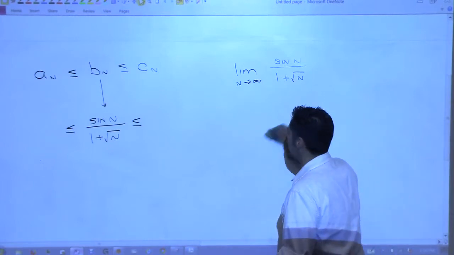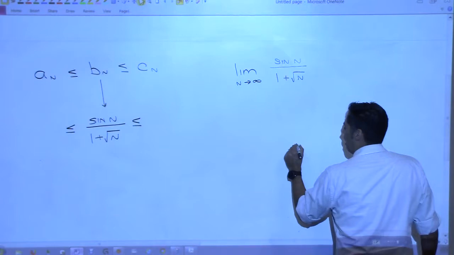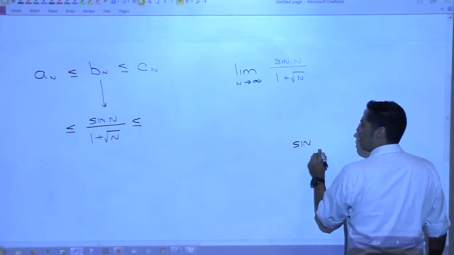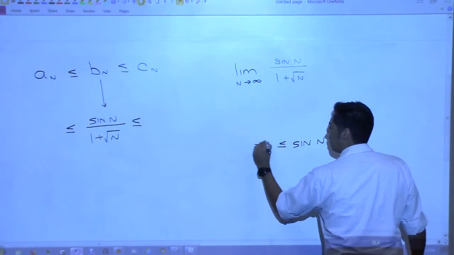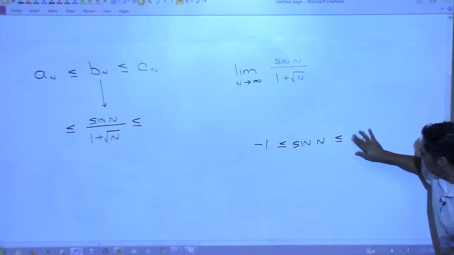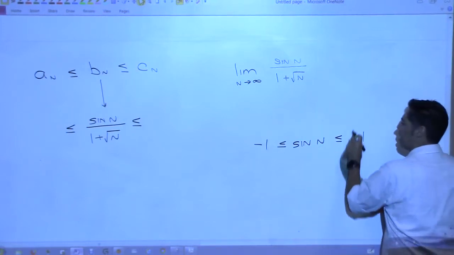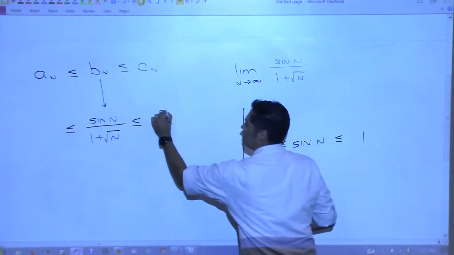So here's the way I'm going to do it. I'm going to do some scratch work on the side here. I know that sine of n is between negative 1 and 1. This is about all I know right now. Do you all agree? That's true. I'm thinking to myself, I need to come up with these.